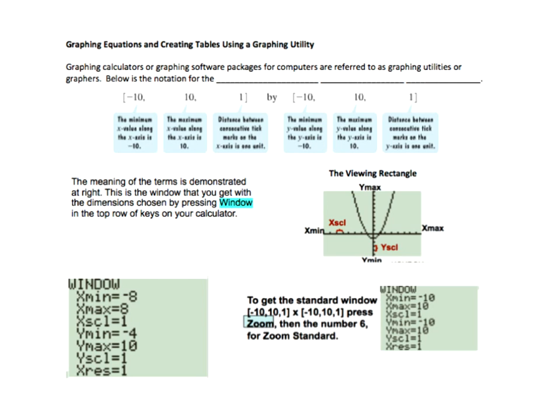All right. Graphing equations and creating tables using, they call it a graphing utility. That's just your graphing calculator. Okay, so the graphing calculator that is suggested for this course is either a TI-83 or a TI-84, or an 84 plus is fine. This is what the TI-84 plus calculator looks like.